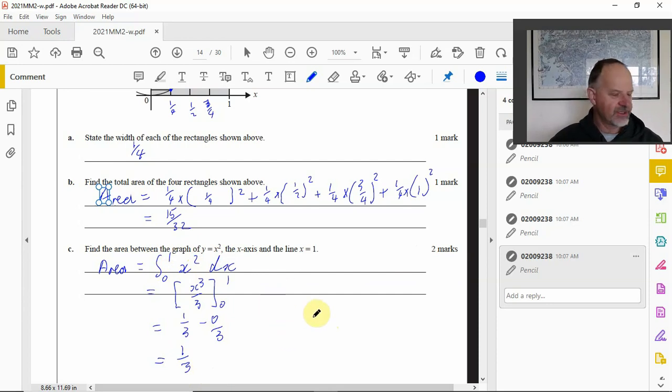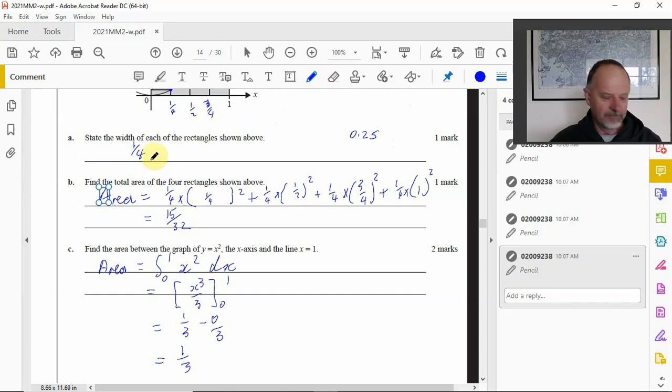Now an interesting thing when you look at the examiner's report: for part A, they actually accepted 0.25. The reasoning behind that is that 0.25 is an exact value. It's not been rounded off. There's no other decimal places that have been rounded off. So they did accept 0.25.